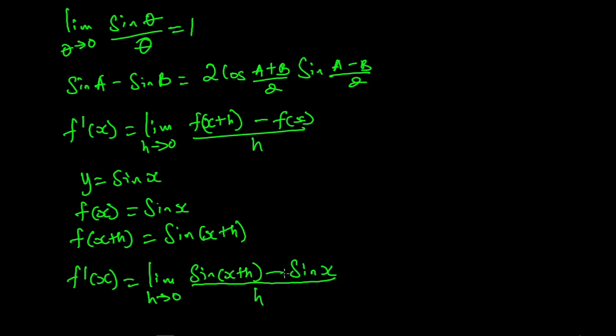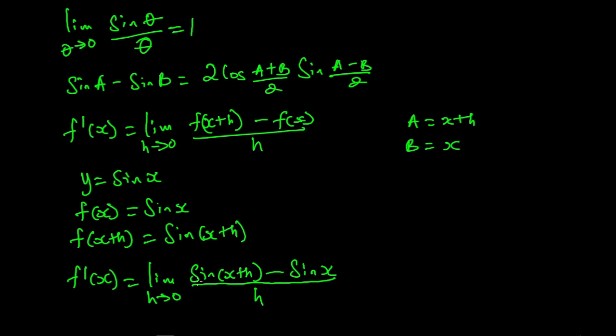At this point, we have to refer back to our trig identity. And if you compare this sine A minus sine B with sine x plus h minus sine x, we see that our sine A is equivalent to sine x plus h and sine B is equivalent to sine x. Therefore, our A is equal to x plus h and B is equal to x.